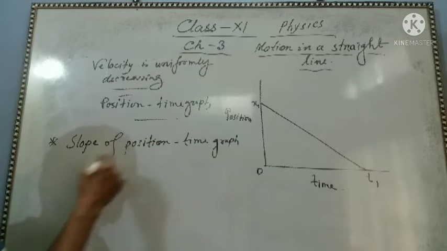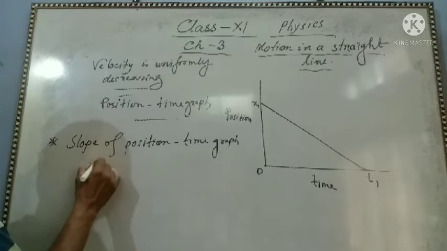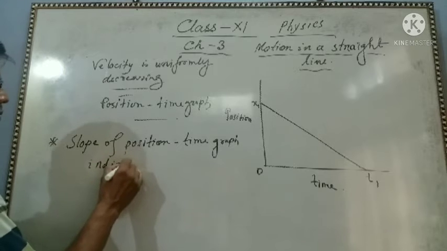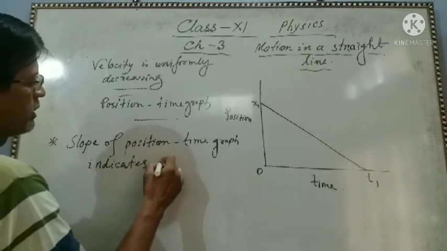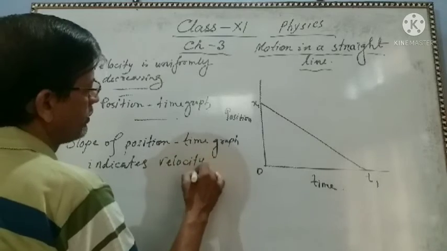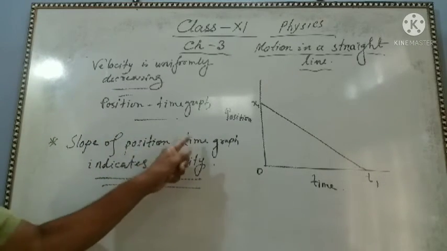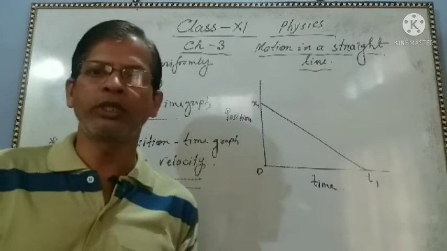Slope of the position time graph indicates velocity.